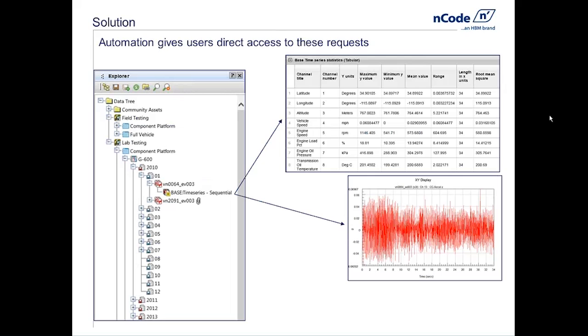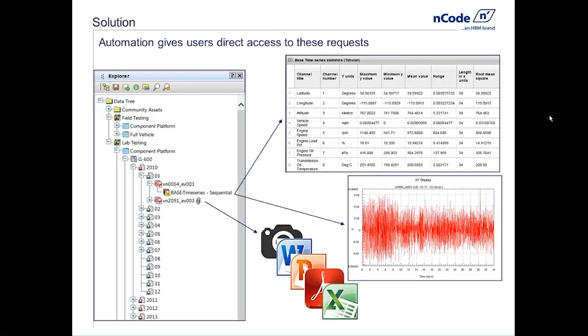So you can take a look here at statistics, data plots, so you can go through all your different channels of interest, and also any attachments. Again, these could be any other types of files that would go along with a logbook, like photographs or videos, any other types of documents or reports.